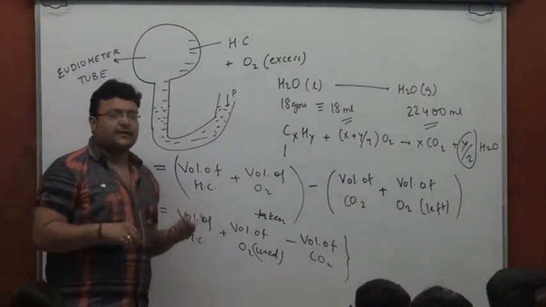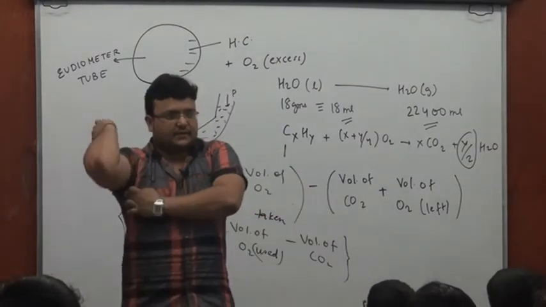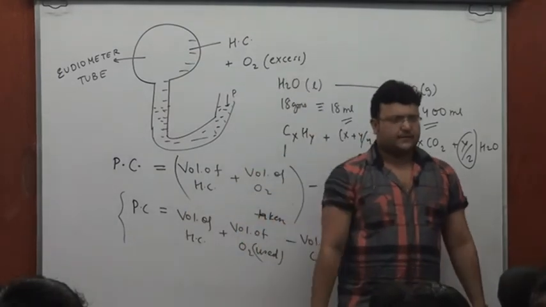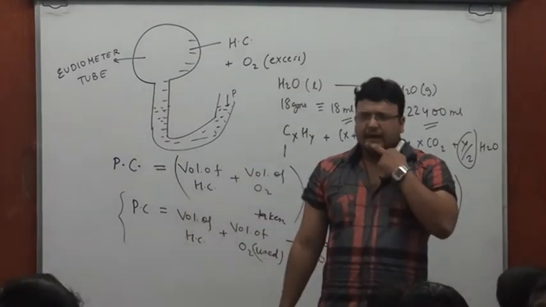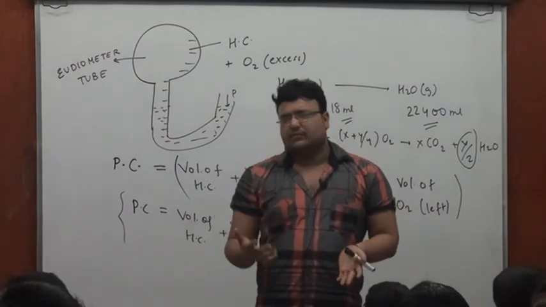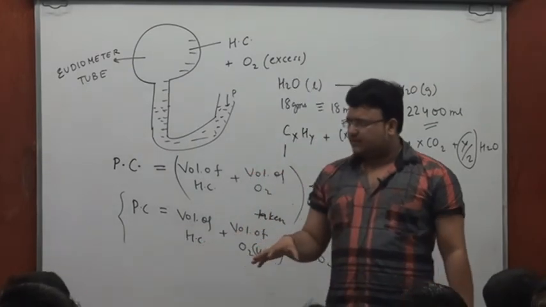What we do after this is, tell me what absorbs carbon dioxide. KOH, NaOH, KOH, calcium hydroxide. Alkaline hydroxides can absorb carbon dioxide.